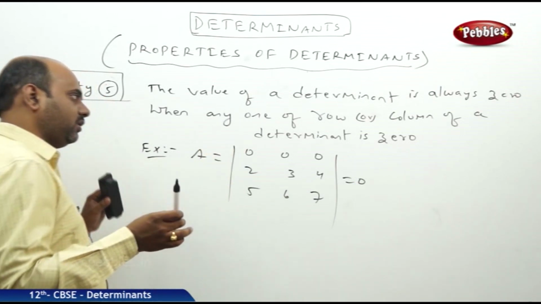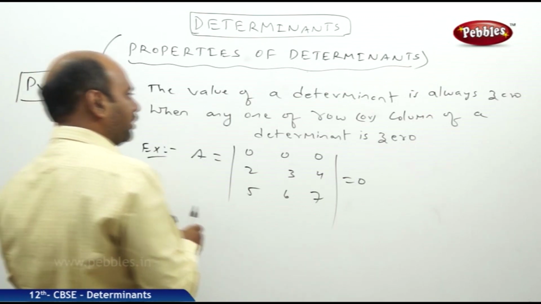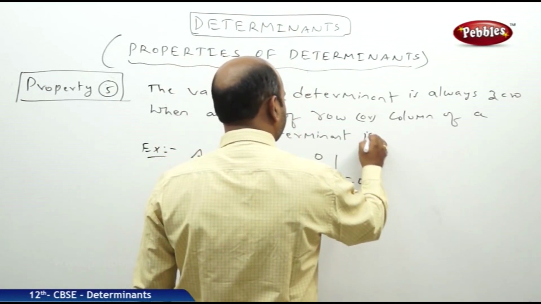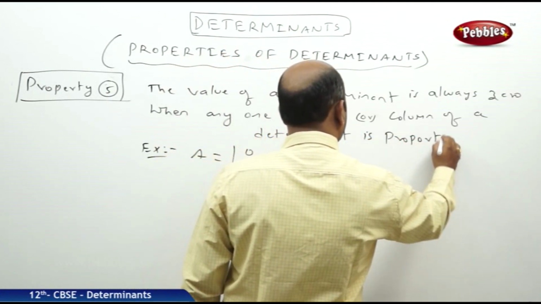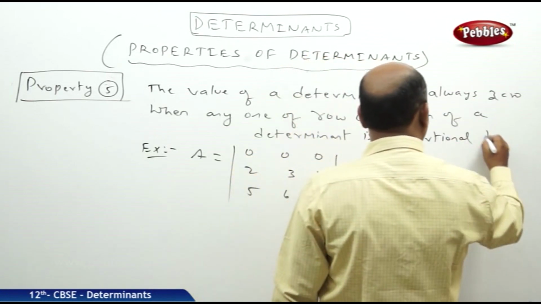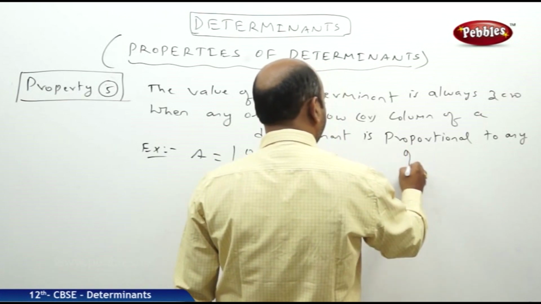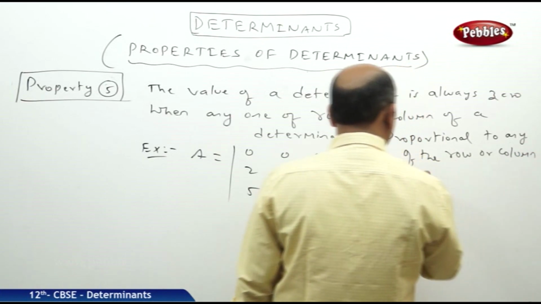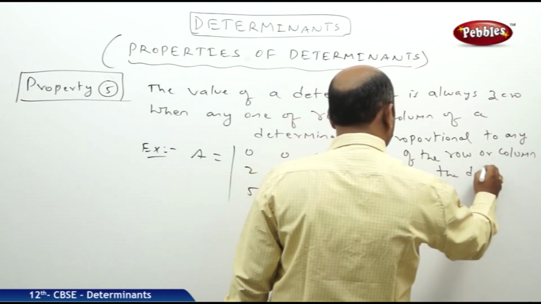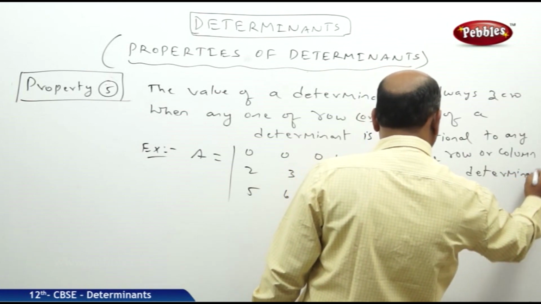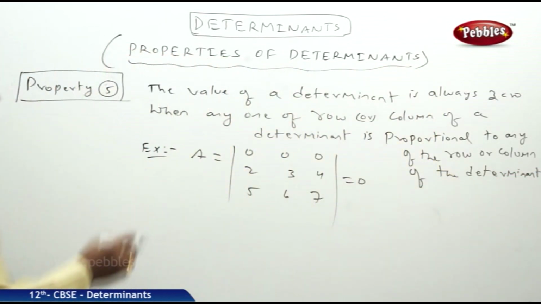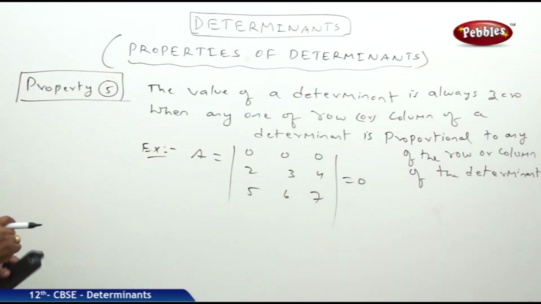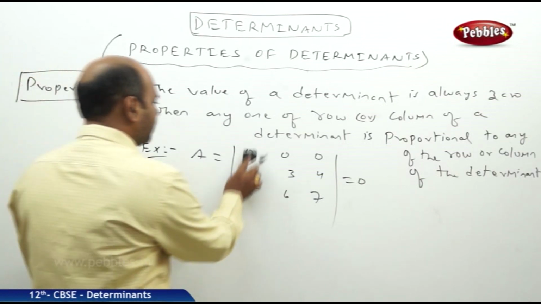The value of a determinant is always 0 when any one row or column of a determinant is proportional to any of the row or column of the determinant. Observe carefully property 5.